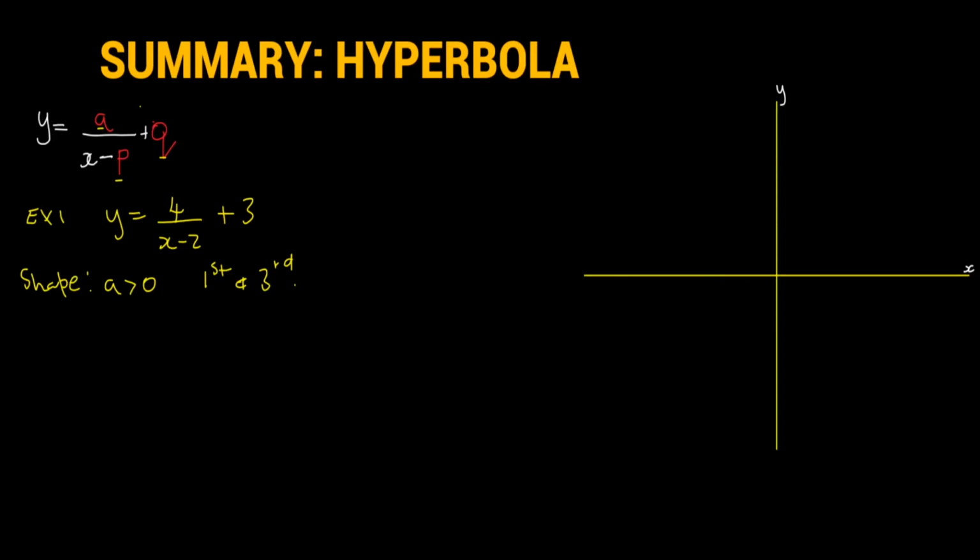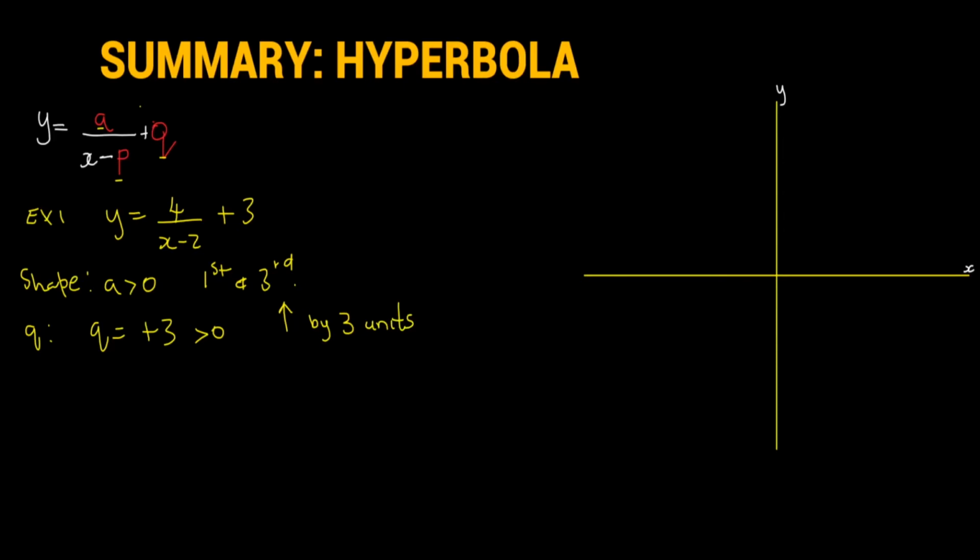What else do we know? Let's get to the value of Q. The value of Q is equal to positive 3. Remember, the value of Q shifts the graph upwards or downwards. Because it's greater than 0, it's shifting the graph up by 3 units.